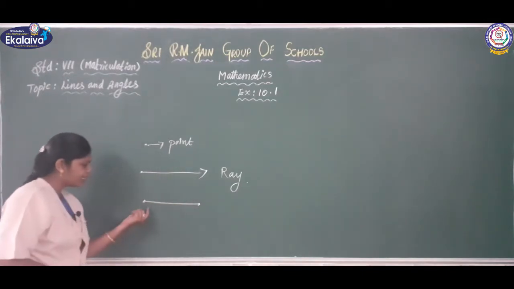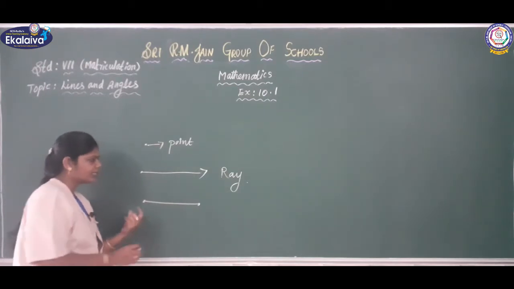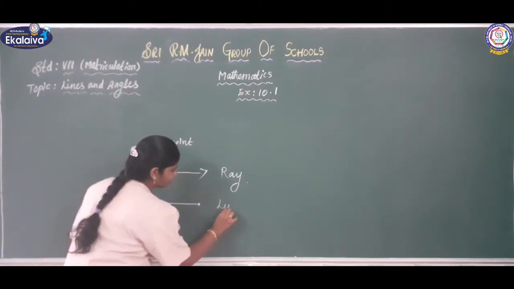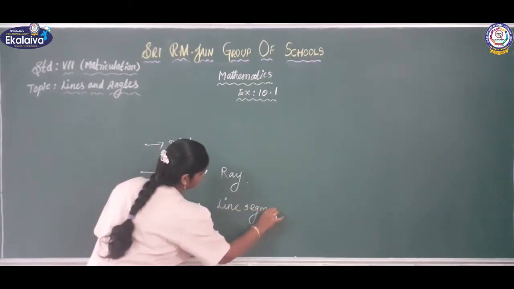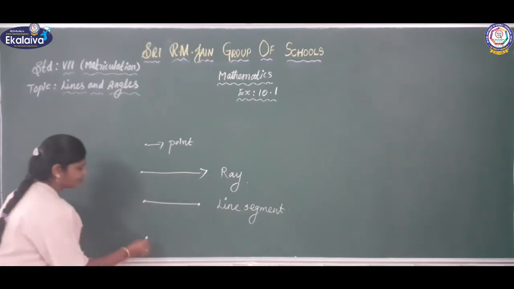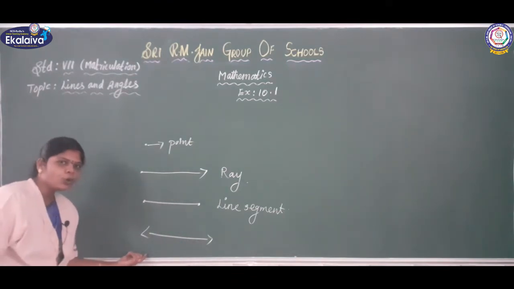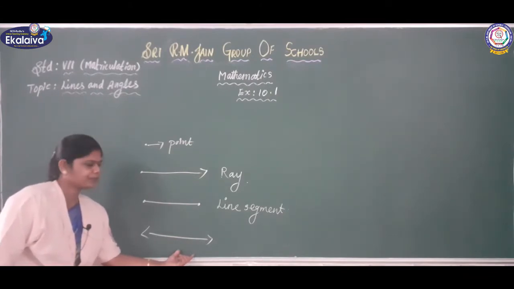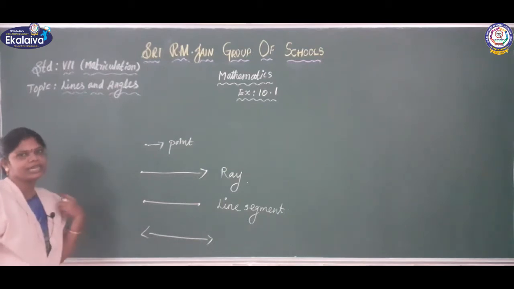And what is this? See here, a starting point is there, ending point is there. This is a line segment. See here, there is no starting and ending point. It will extend in both directions.